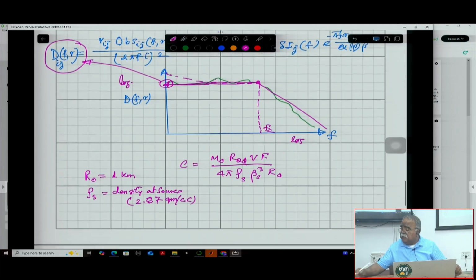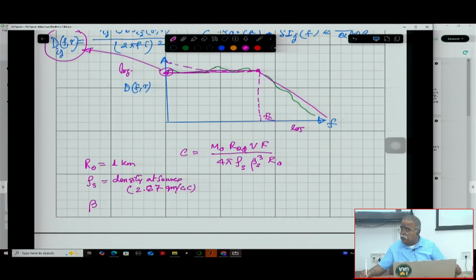And beta s equals say 3.4 kilometer per second, and R theta phi equals say 0.55. Okay, V equals 1 by root 2, and F equals 2. And use this number, and R0 equals 1.